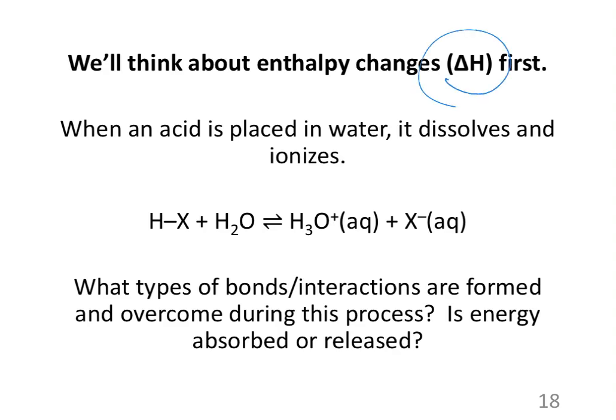We're going to talk about enthalpy first. And we've got to think about all of the interactions that occur between the acid and water and the ions in water to decide what the net effect of delta H is. Overall, is energy going to be released or is energy going to be consumed?